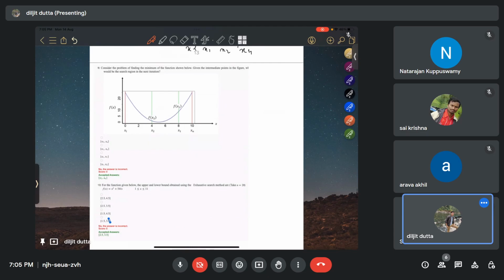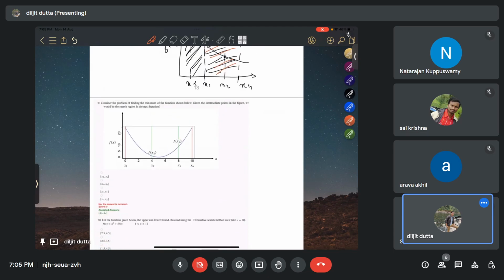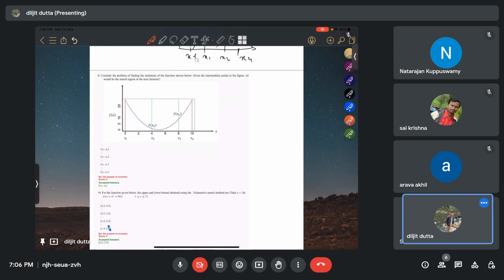Okay, again a similar kind of question. Consider a problem of finding the minimum of the function shown below. Given the intermediate points in the figure, what would be the search region in the next iteration?